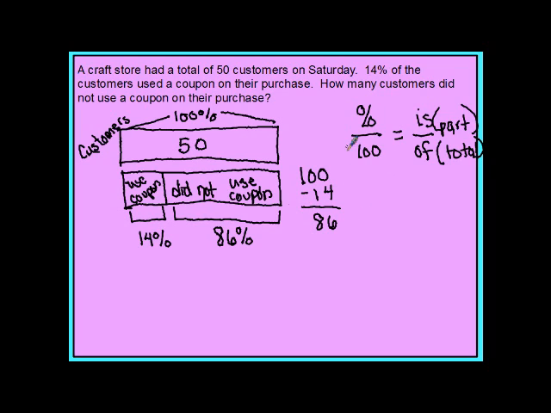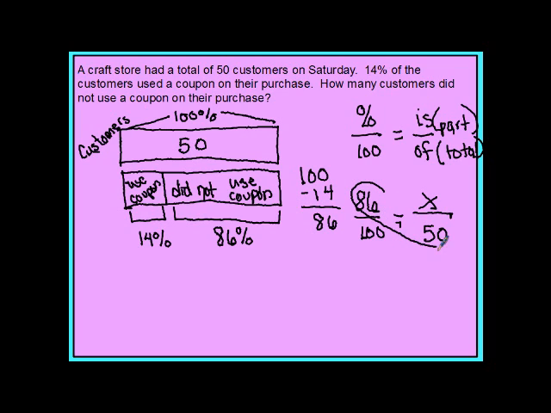So the percent, since the question says how many customers did not use a coupon, I know that I want to use the 86%. So I'll put 86 over 100, and I know 50 is the total number of customers, and that's going to be my of. What I'm looking for is my part, so I will represent that with the variable x.